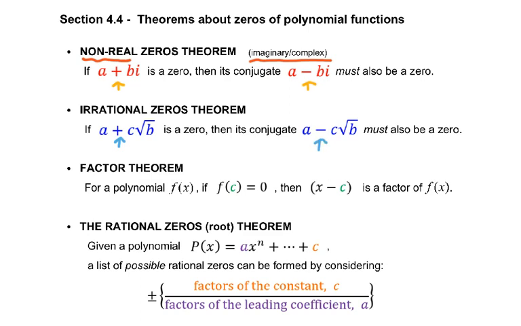And irrational numbers are things like the square root of 2, or 5 plus the square root of 2, or 2 minus 8 square root of 3. Those are all irrational numbers. So what we just want to remember is that imaginary numbers, square root numbers, whenever you have those as solutions, you have to have the conjugate pair.